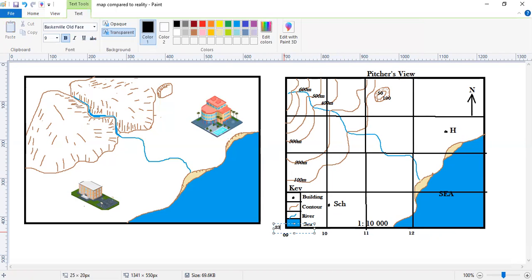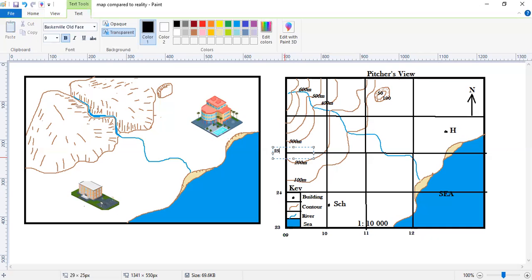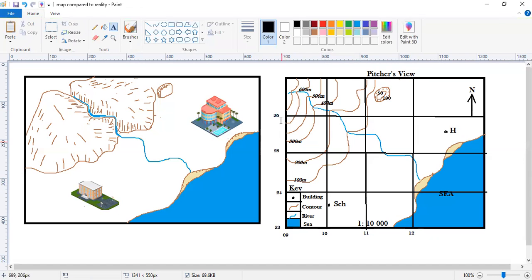So for example, let's say this line is 23, this line is 24, this line is 25, this line is 26. Notice that the lines are increasing towards the north. So when we want to give the location of a feature, we can either give the 4-figure grid reference or the 6-figure grid reference.